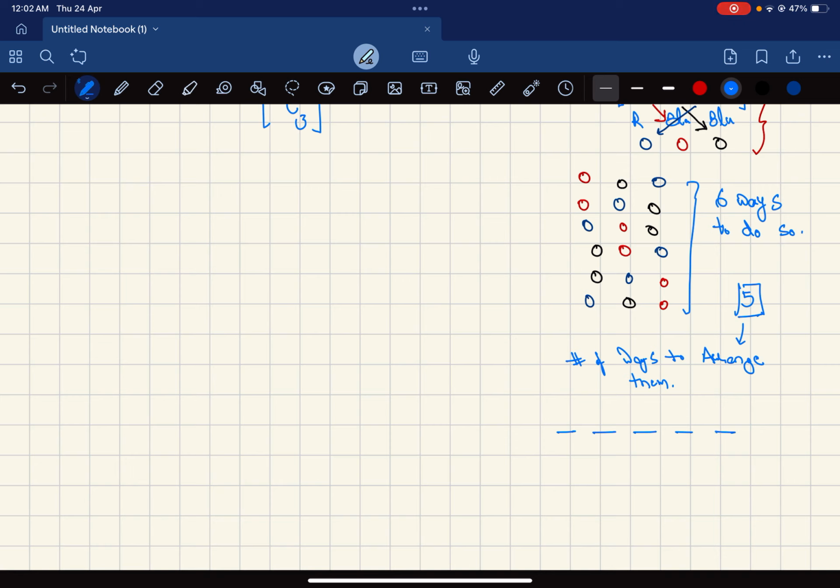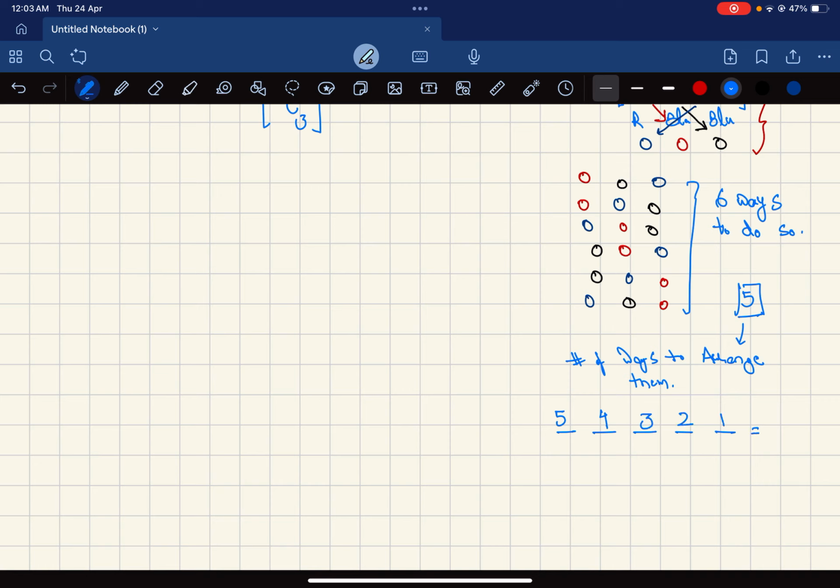Now for the first position, again we follow the same process like we did in permutations. For the first position, we have 5 ways to select the ball or select the color for the first place. Then there are 4 ways left for selecting a color for the second place, and similarly 3 for third place and 2 and 1.